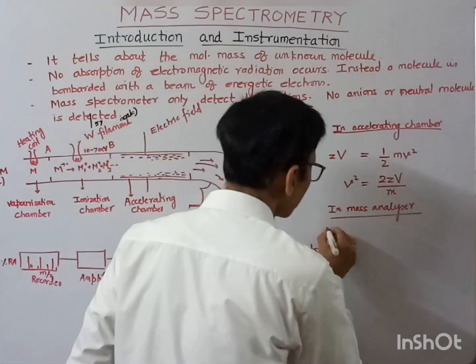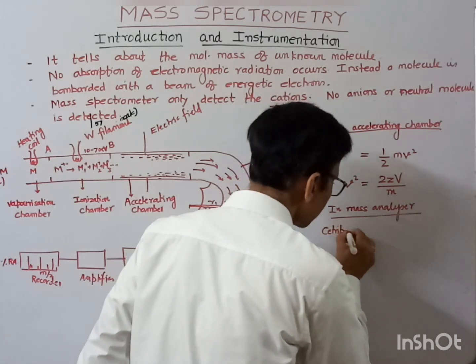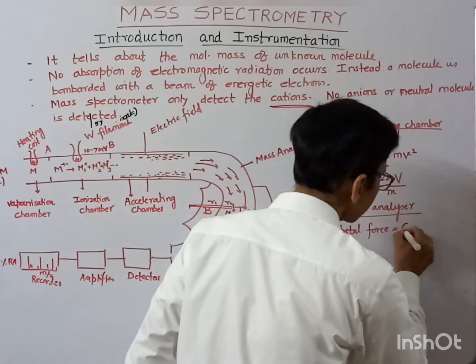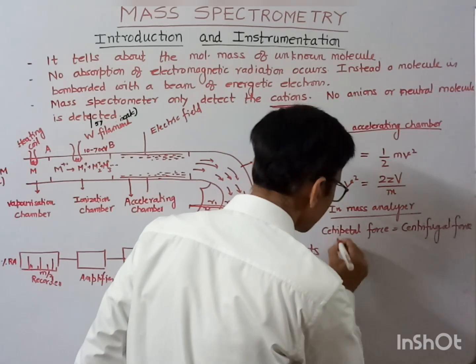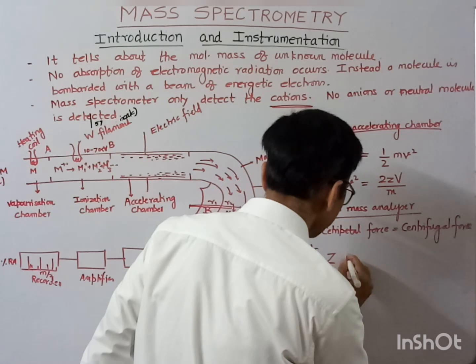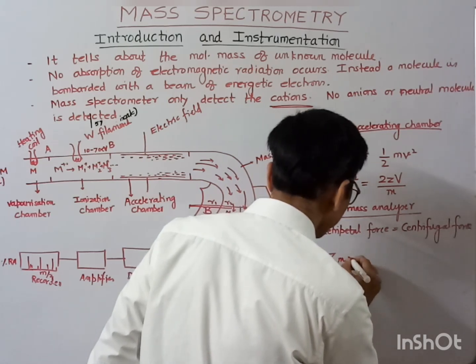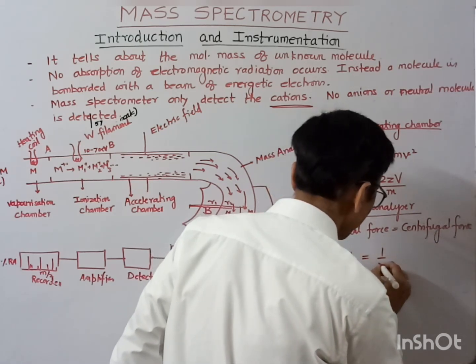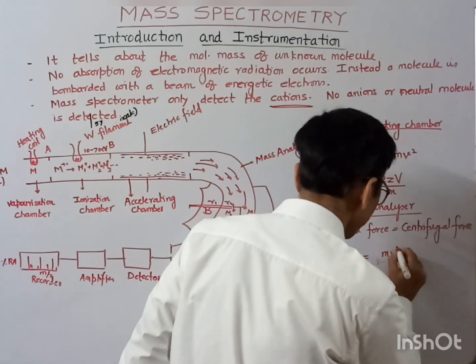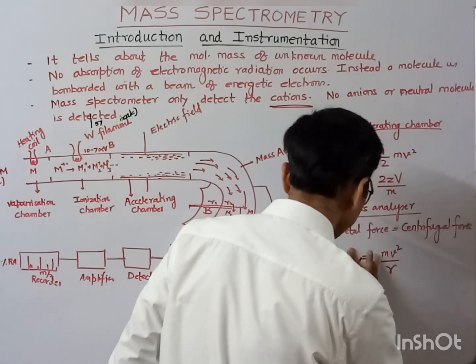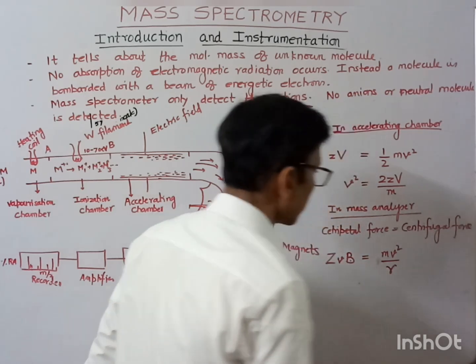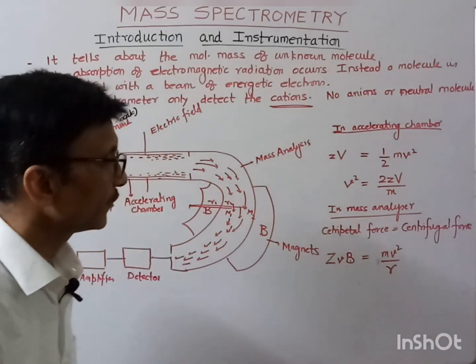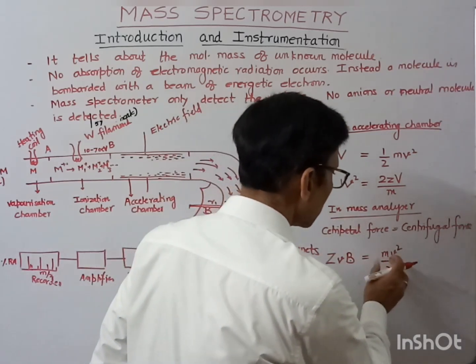As it is in circular motion, the centripetal force is equal to the centrifugal force. So ZvB is equal to mv square upon r.